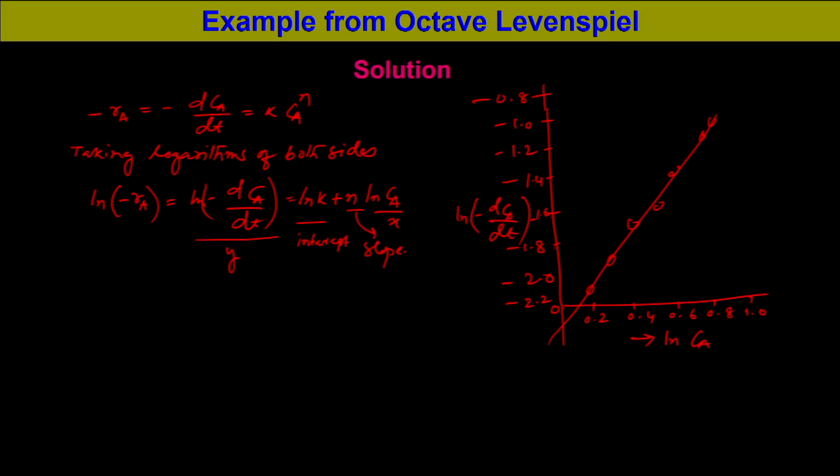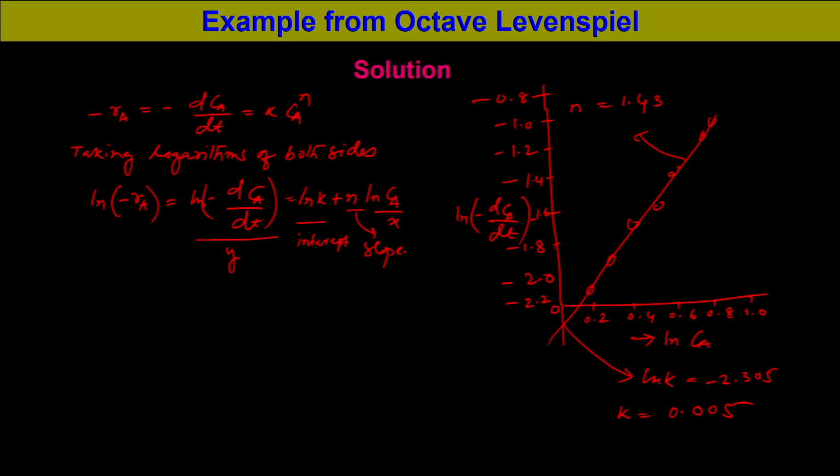So, it will give the intercept here, ln k is about minus 2.305, and we would obtain k from here. k is equal to 0.005, and from the slope we will get n is equal to about 1.43.